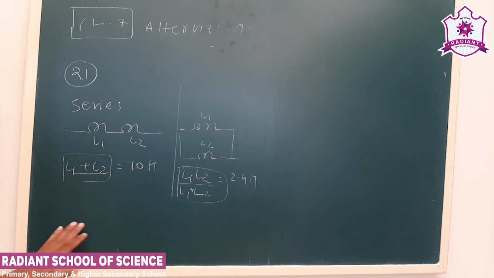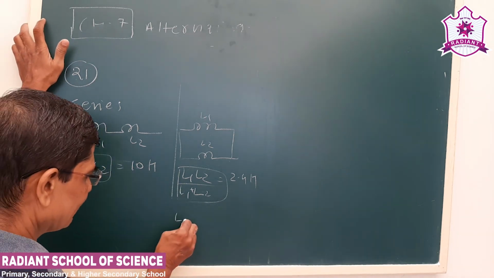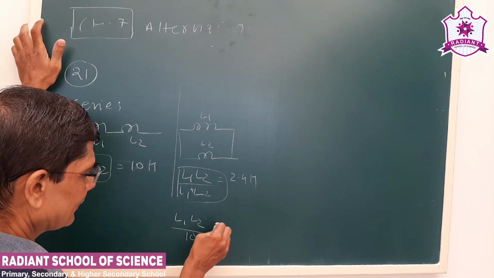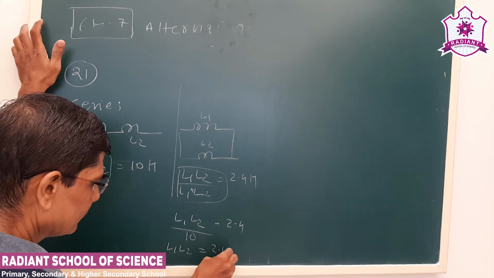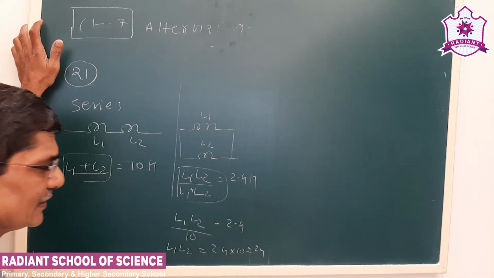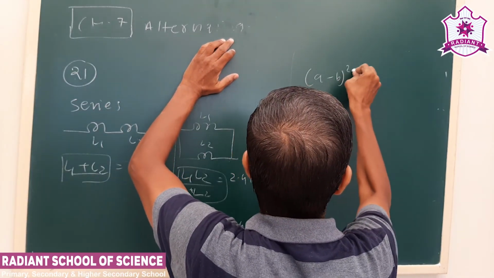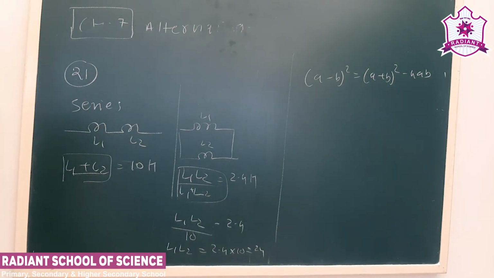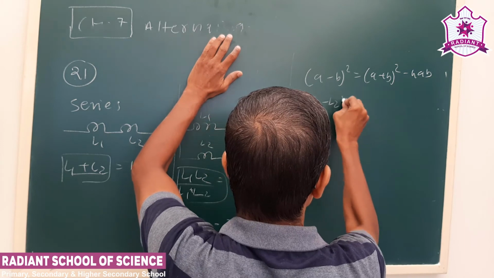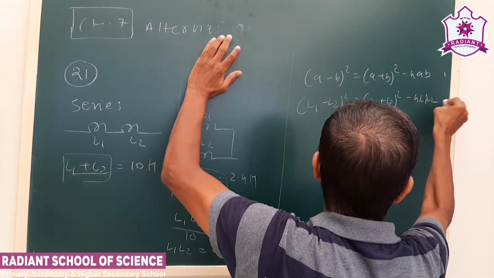Now see, in the series connection the inductor value will increase, so that is 10. In parallel connection it is 2.4, that is given. So if I substitute L1 plus L2 is 10 here, L1 L2 will be 24. We have to use some algebra here. Now recall our identity, L1 minus L2 whole square equals L1 plus L2 whole square minus 4 L1 L2.